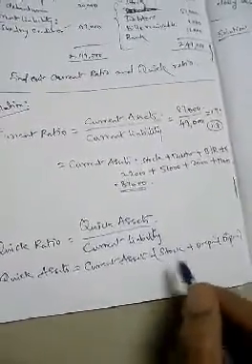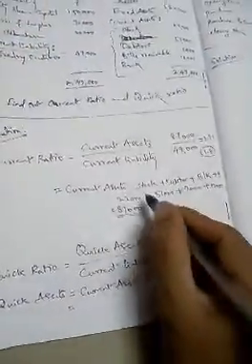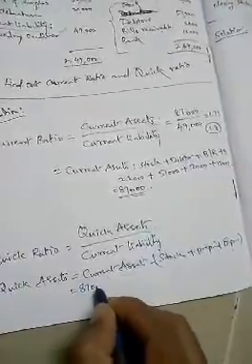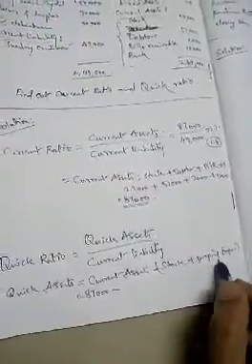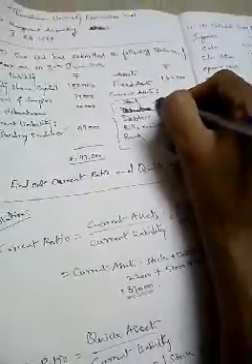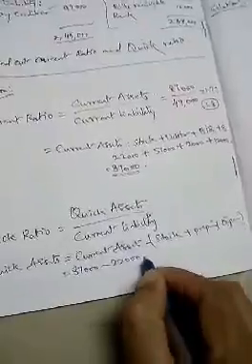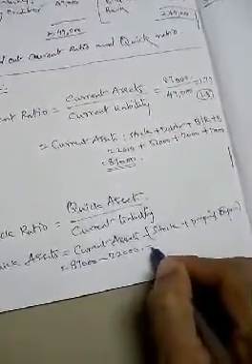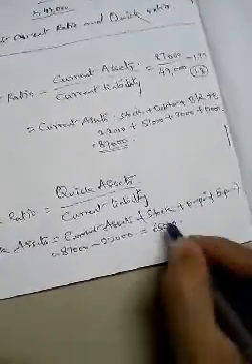So here we have to go through. What is current assets? Here I have calculated current assets as 87,000 minus stock and prepaid expenses. In the question only the stock item is given, there is no prepaid expense at all. So we have to remove the stock amount, that is 22,000. So remove 22,000, and what you get is 65,000.